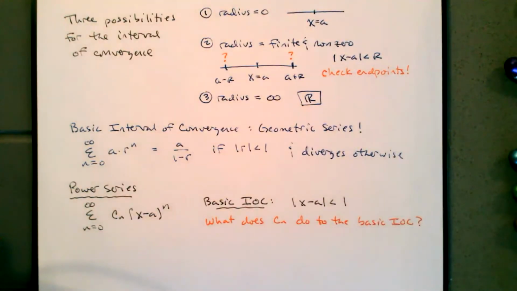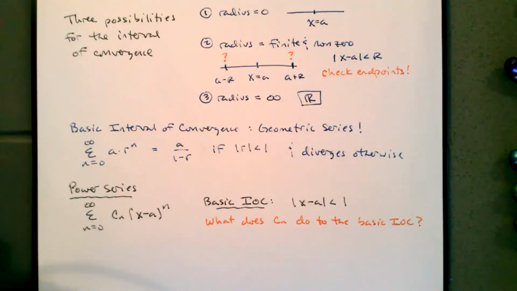What does the Cn do to the basic interval of convergence? We're going to look at this in 3 categories: the polynomials, exponentials, and factorials, and the effects that each of those 3 types can have on the basic interval of convergence.